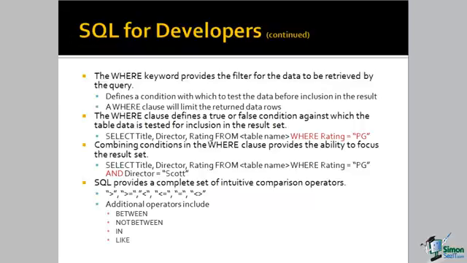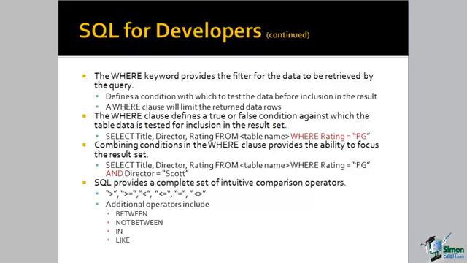We are limiting the number of columns returned in the select statement by naming the columns that we require. Now we're going to limit the number of rows with the where statement. We can combine conditions using the and keyword.